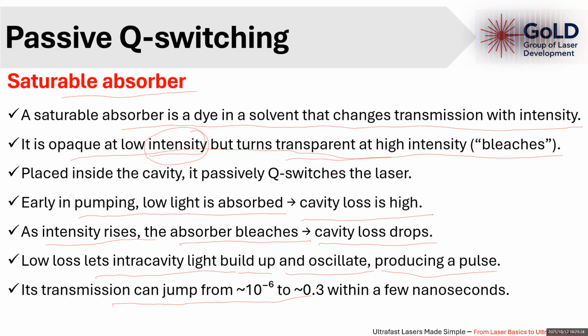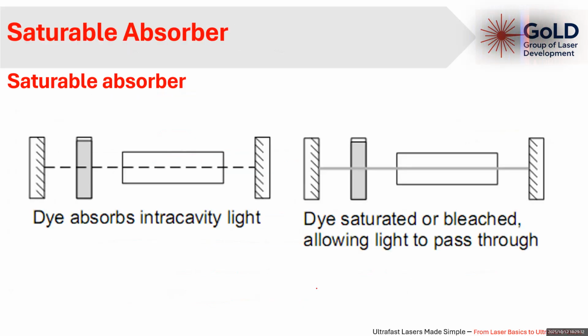This is kind of complicated in the sense that you can see here this is the saturable absorber or dye absorber, and here it is saturated fully, so it cannot absorb further, so light passes through.